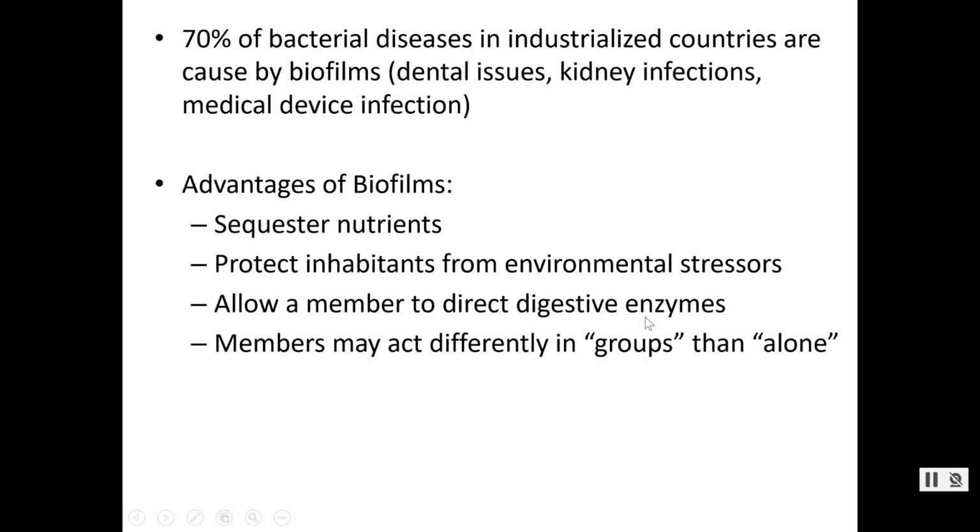One species of bacteria does not produce this enzyme, but it's living next door to a neighbor that does. It's an exoenzyme. So now this bacteria has access to an enzyme that can break down food or do something beneficial that it couldn't make on its own. So sharing these digestive enzymes is an advantage for bacteria living in a biofilm. And then we've already mentioned that they do act differently in groups than alone.